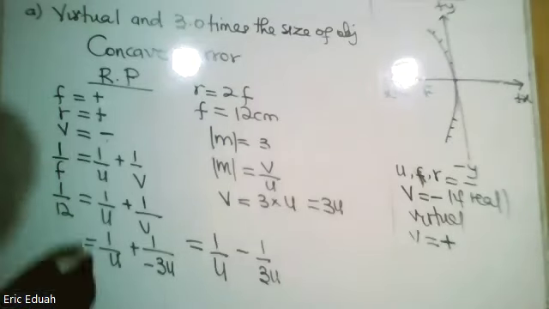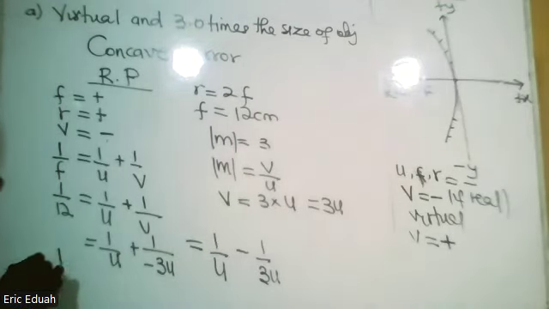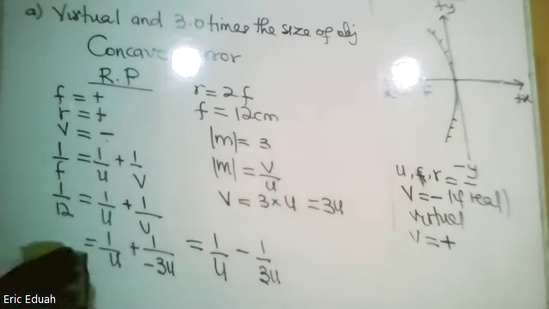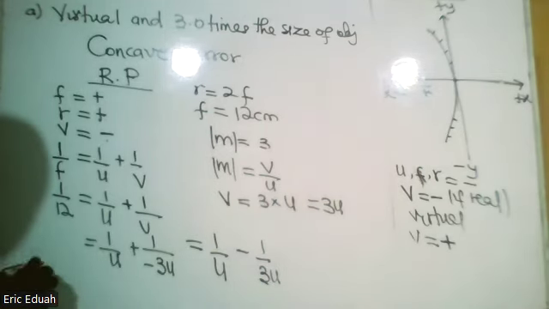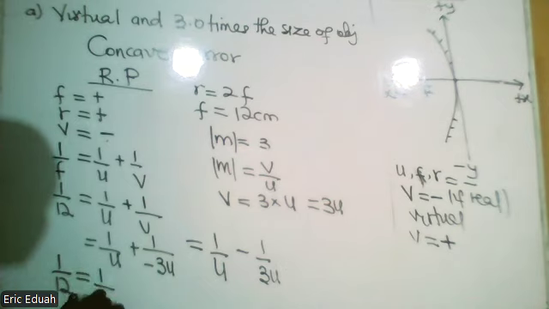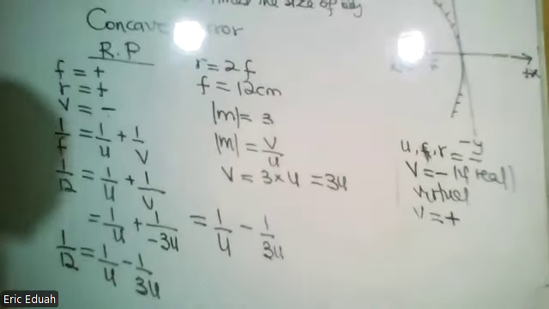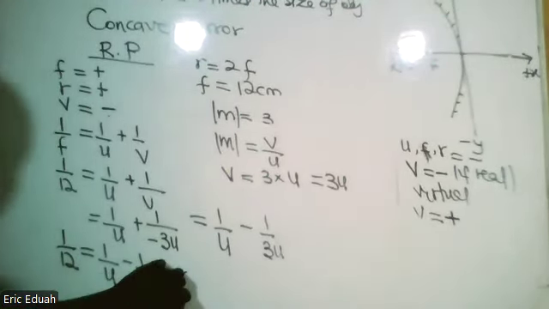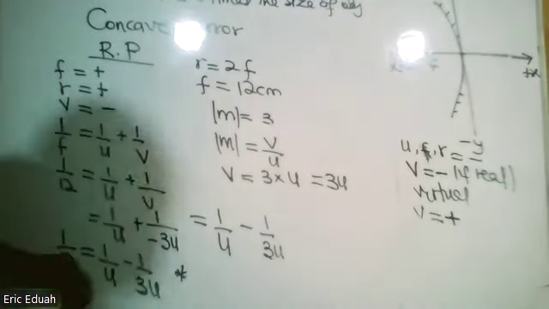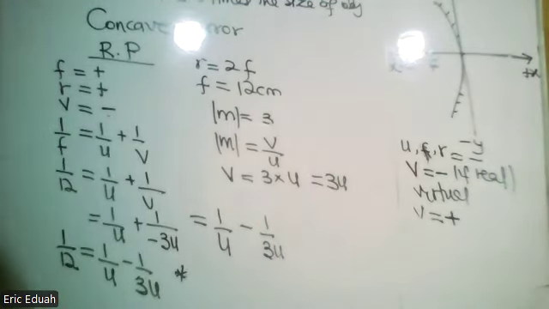So go ahead and solve 1 on 12 is equal to 1 on U minus 1 on 3U. Solve for U in this equation for me. I'm waiting for you.